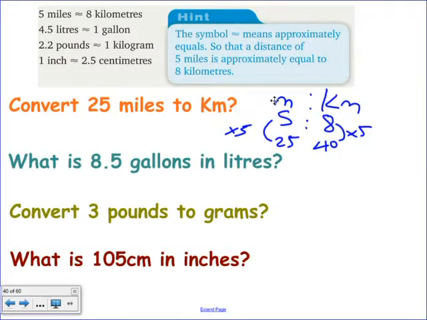Right, let's do gallons and litres then. Shall I go? Yeah. So I've got a litre and a gallon, and I've got a conversion of litres, 4.5 to 1 gallon. So I times 1 gallon by 8.5.